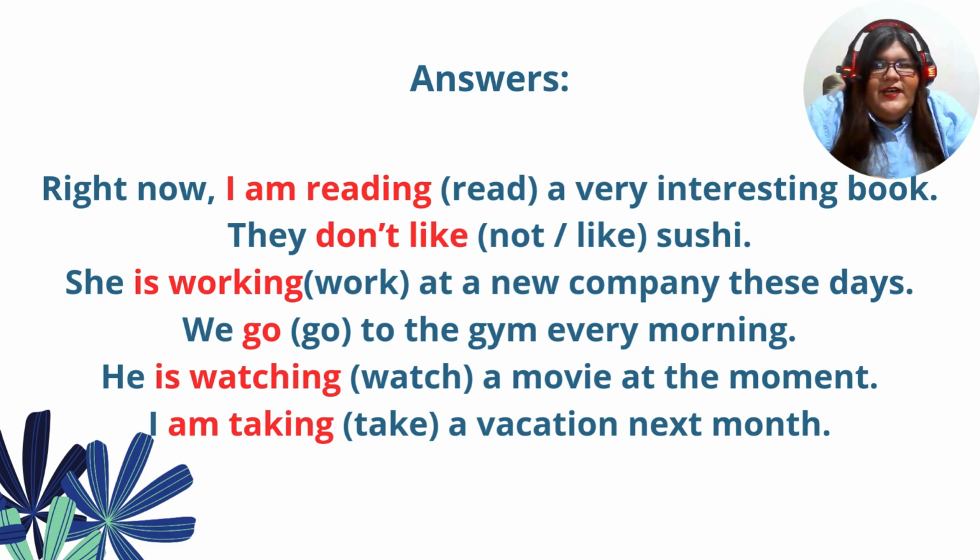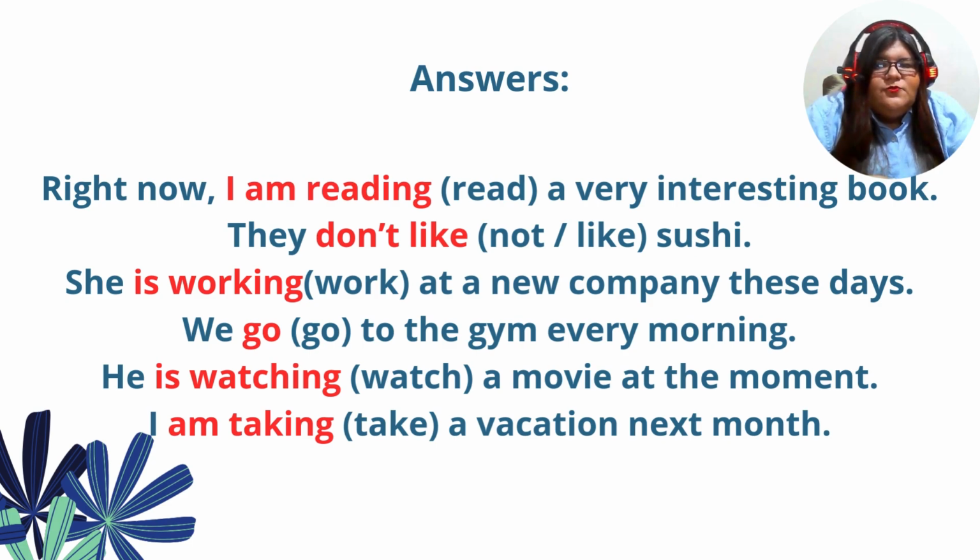Right now, I am reading a very interesting book. So if the verb is with ing, this is present continuous. Then we have, they don't like sushi. Do you remember the auxiliary verb do, does, do not, and don't? It belongs to the present simple. So this sentence is in present simple.